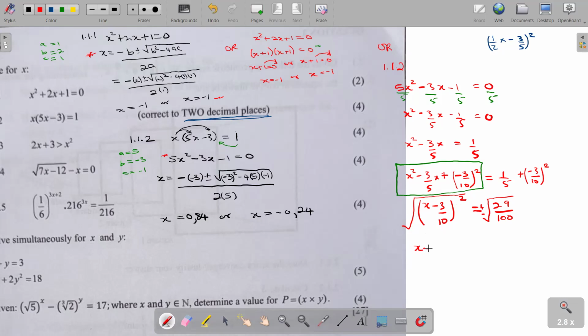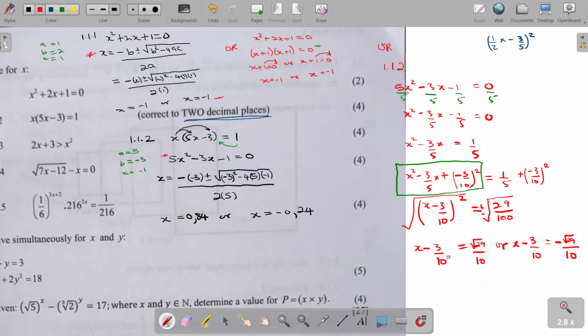So we are going to be left with x minus 3 over 10 being equated to root 29 over root 100, which is 10, or x minus 3 over 10 must be equal to negative root 29 over 10.